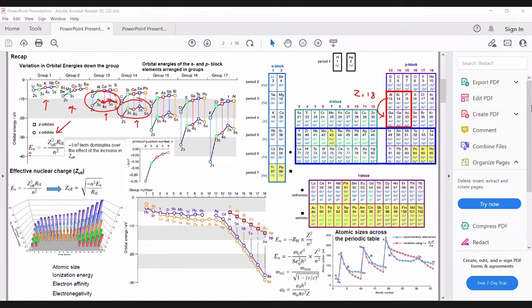Then moving to 6s, there is again insertion of the 14 f-block elements, as well as the relativistic effect, explained by this phenomenon where R_H, which we have already seen is a constant, contains the mass of the electron in the numerator. So as the atomic number increases, the speed of the electrons circulating around the orbit increases.